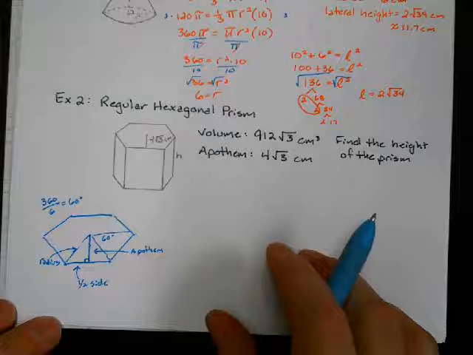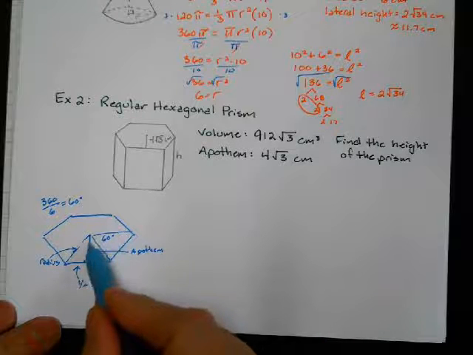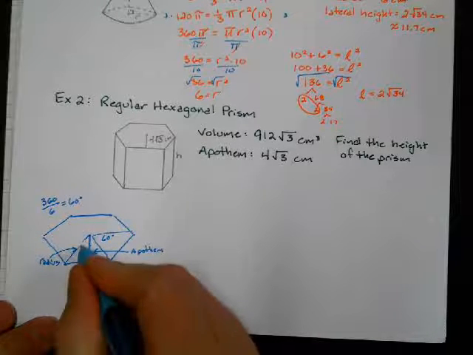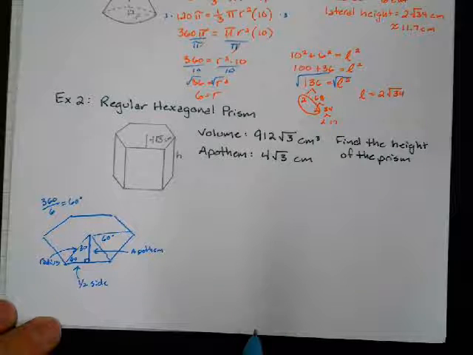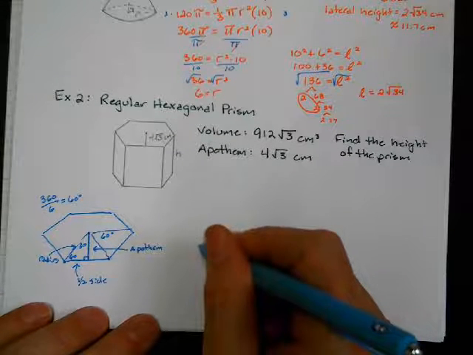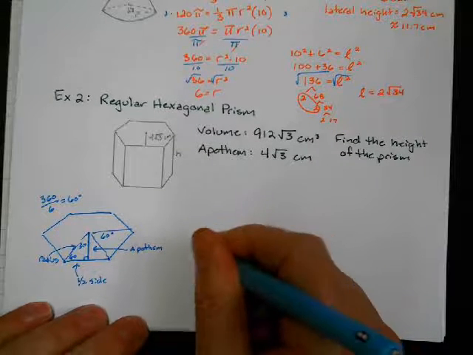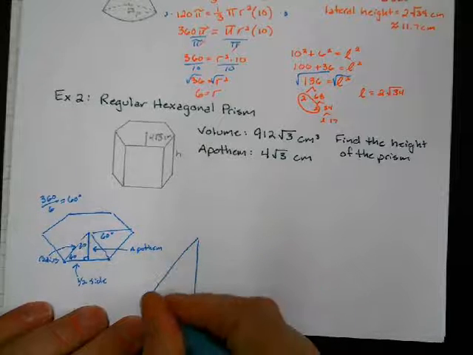Now, since this is 60 degrees here, and then the apothem cuts it in half, this is actually a 30, 60, 90 triangle. If you remember back to that unit, we just wrote down the triangle instead of the entire shape.